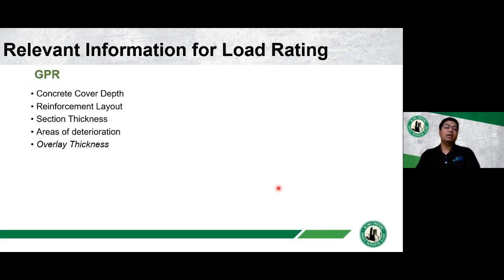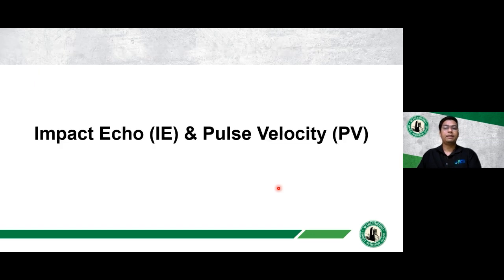So the relevant data derived from the GPR that can be used for load rating calculation is concrete cover depths, reinforcement layouts, section thicknesses, and areas of deterioration like delaminations. In addition, we can also probe the overlay thicknesses. If there is an asphalt overlay present on the concrete deck, you can also see what the thickness of the asphalt present there is.